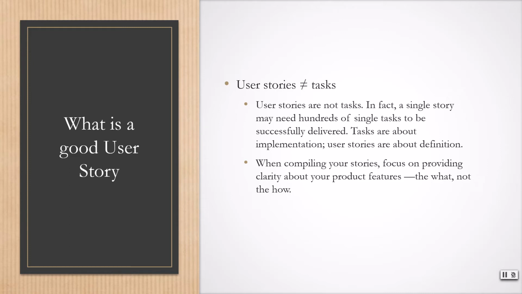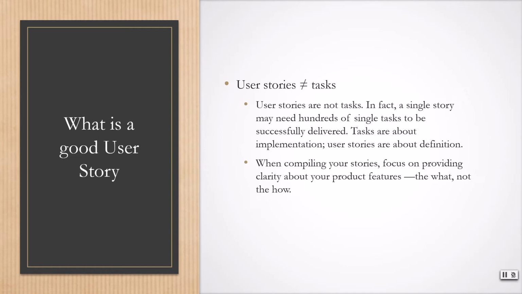When compiling your stories, focus on providing clarity about your product's features: the what, not the how. So you got this. One user story may contain hundreds of single tasks inside, but of course we should not make a very big user story like that.